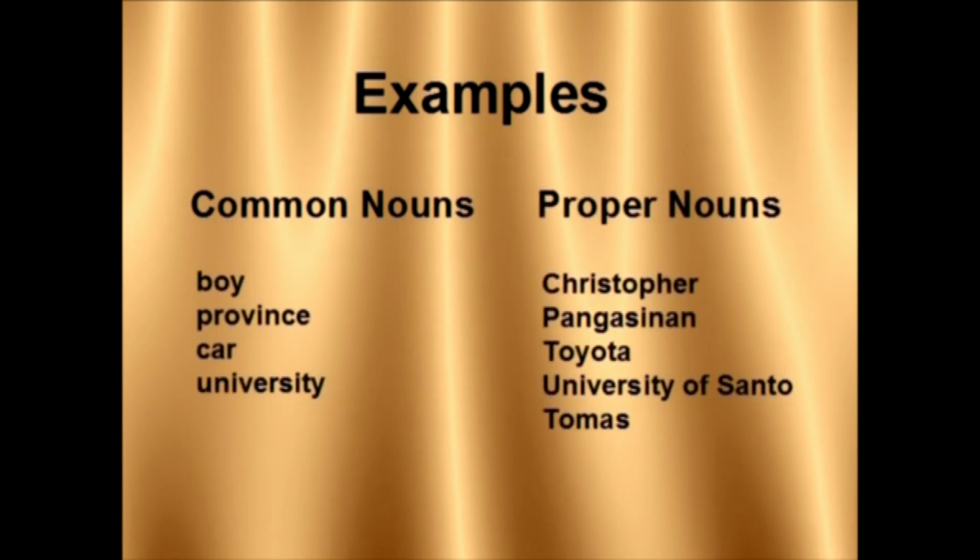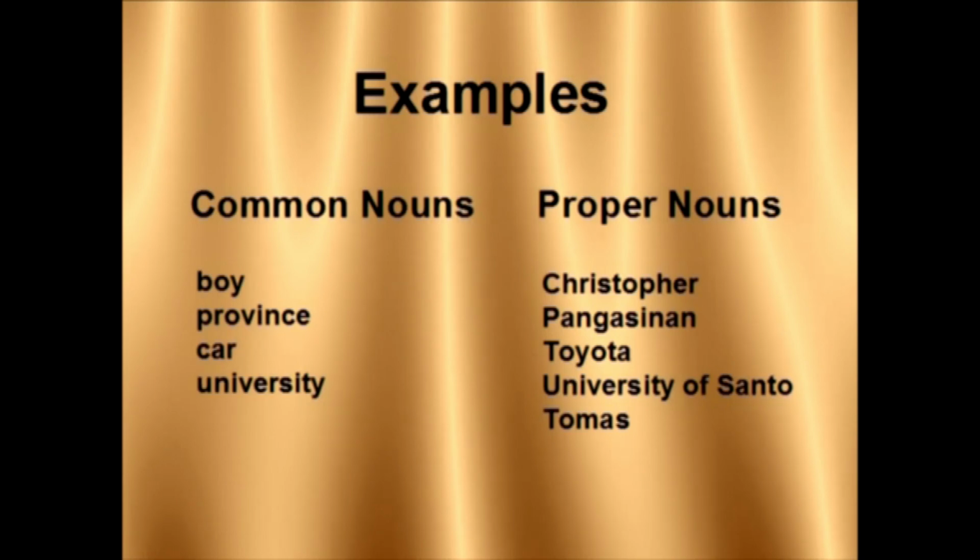For example, common nouns would be boy, province, car, university, while proper nouns would be Christopher, Pangasinan, Toyota, University of Santo Tomas.